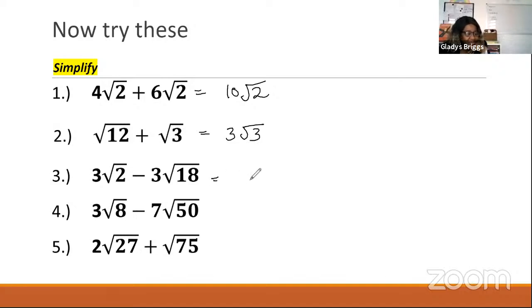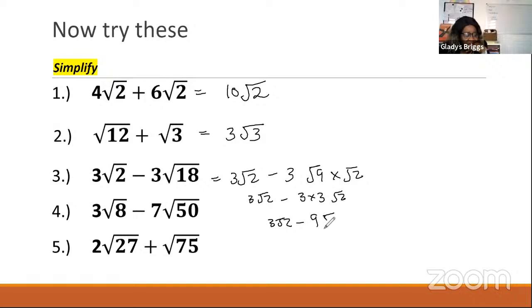And this one is 3 root 2 minus 3 times, what do we do with this one? Root 9 times root 2. So this would be 3 root 2 minus 3 times 3 root 2, which is equal to 3 root 2 minus 9 root 2, negative 6 root 2.